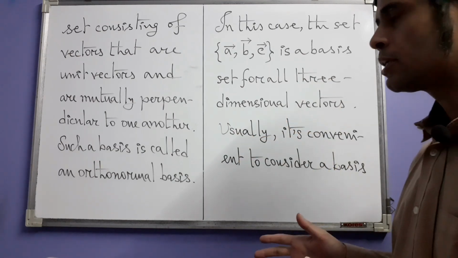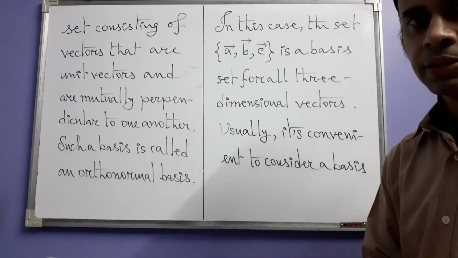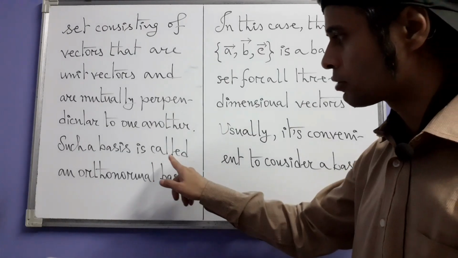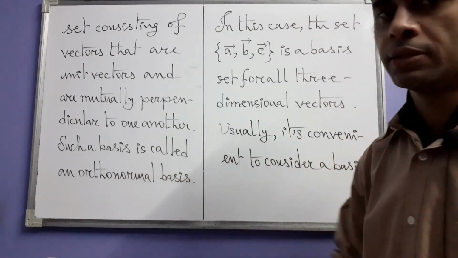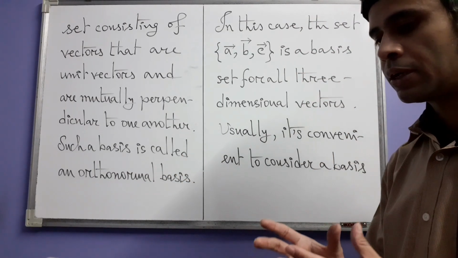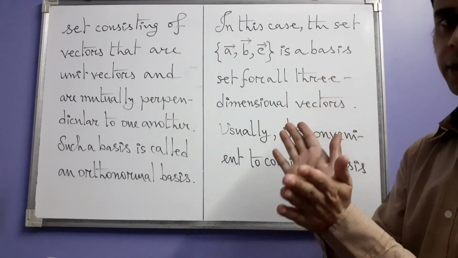Such bases are used extensively because they have many nice properties, and they have a name also. They are called orthonormal bases. We say that two vectors are orthogonal when they are perpendicular.